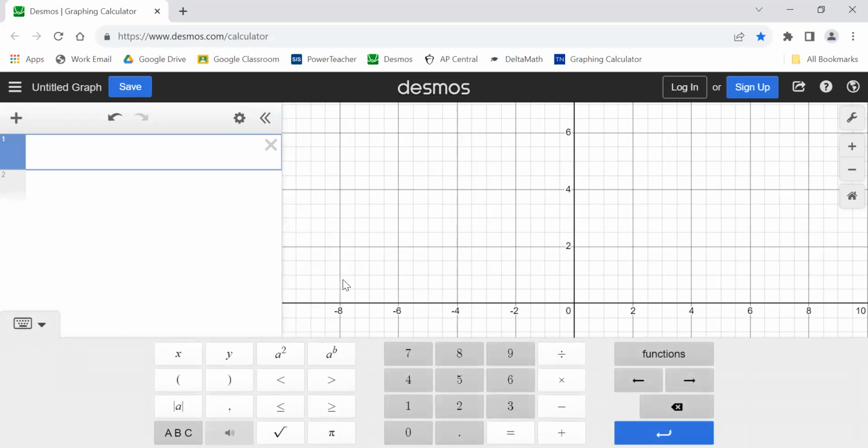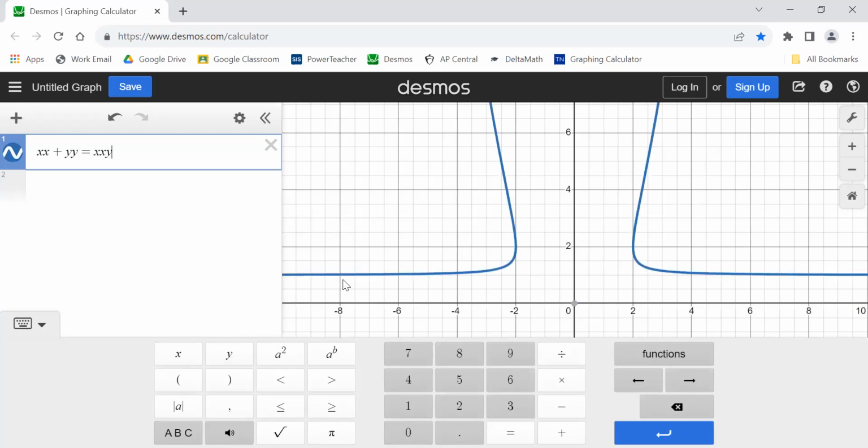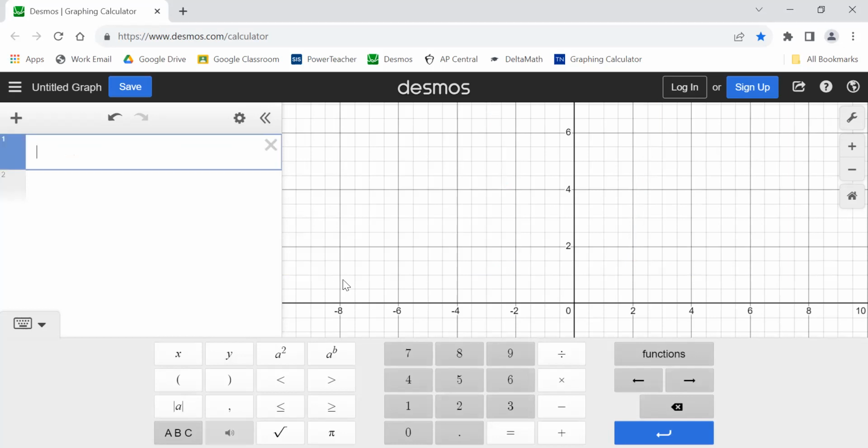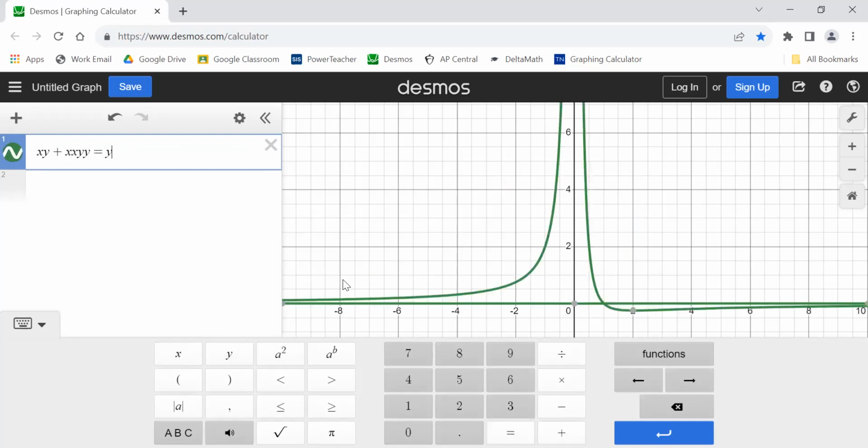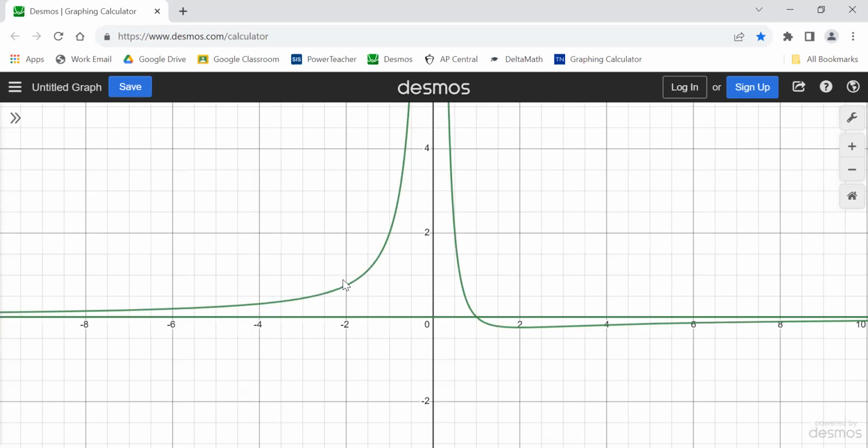Okay. For this one, we had x squared plus y squared equals x squared y. And oh, that's our previous one. We had xy plus x squared y squared equals y. And so if we look at what's going on here, we can see, first off, that we do have that line of y equals 0 right across the x-axis.